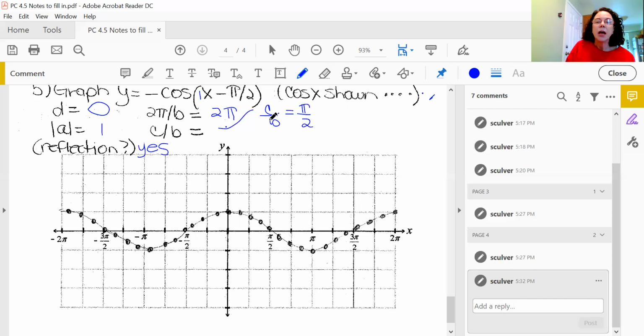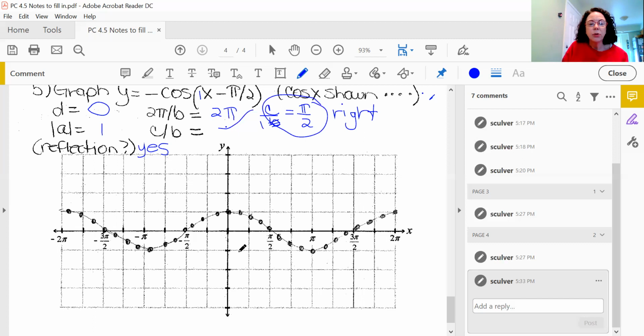Notice because my B is 1, this says that my phase shift is simply pi over 2. Excellent. So I am first going to draw the cosine function, negative cosine of x, and then I will move it to the right too. So I'm going to do this slightly.